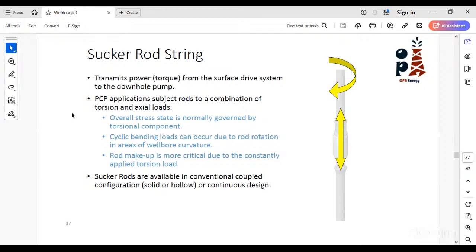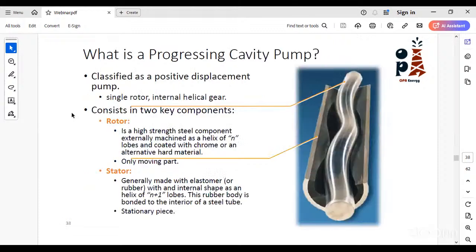So to make a summary for the rods, we have two main stresses affecting the rods: the torsional stress and the axial stress. The downhole pump itself, its components are mainly the rotor, that is the moving part, and the stator, that is the stationary part. And of course, we have talked about this.